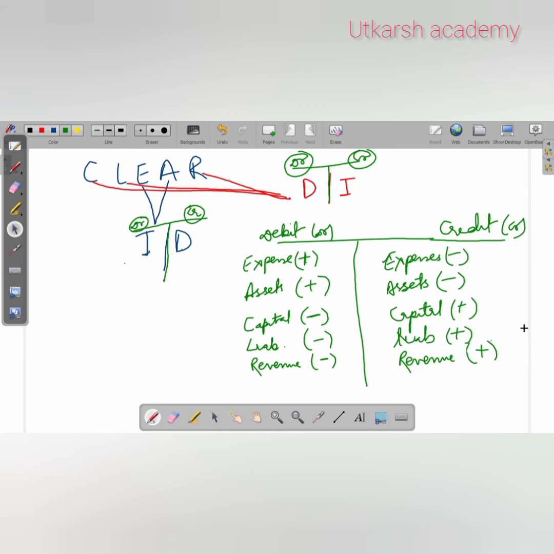Okay. So to make it more clear and more transparent, we will understand this mnemonic with the help of an example. Okay. Take a screenshot of this. Okay, fine. Let's move to the next one.